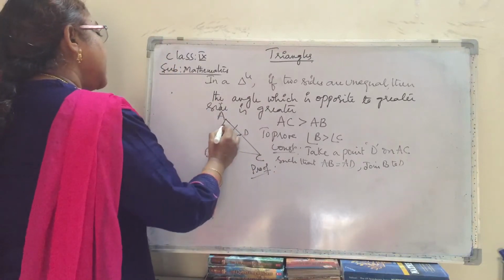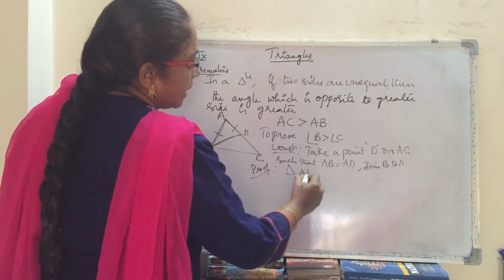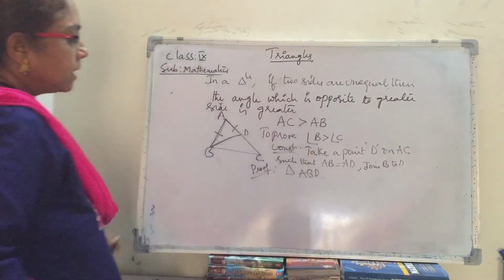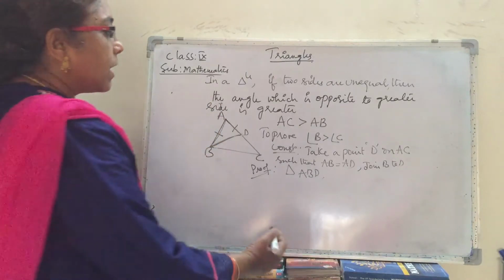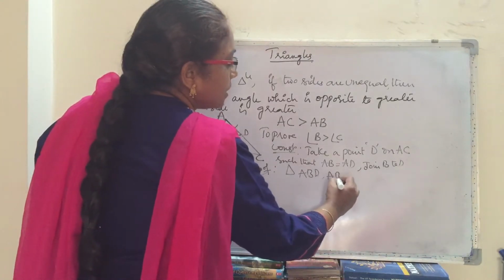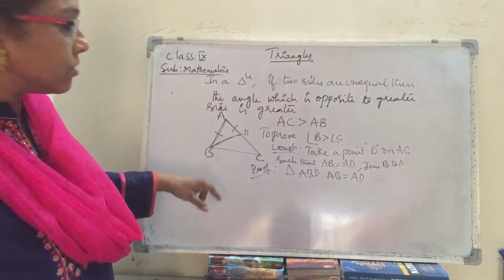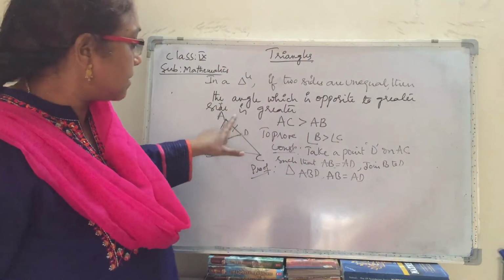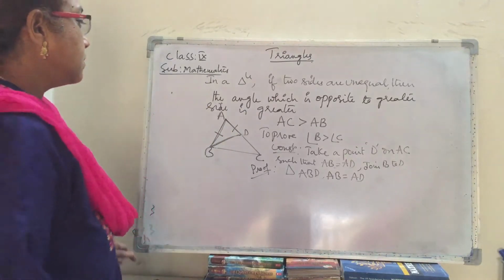Now take this triangle ABD. What did you observe in this triangle ABD? We observed that these two sides are equal. How did you get that these two sides are equal, children? By our construction. We constructed point D on AC such that AB and AD are equal in length. Okay.